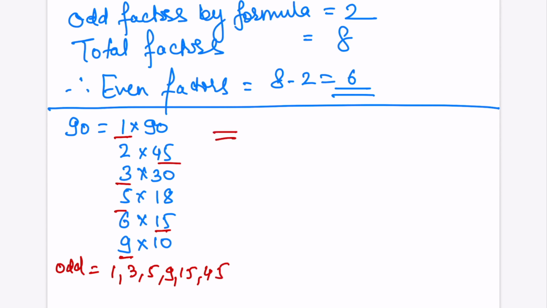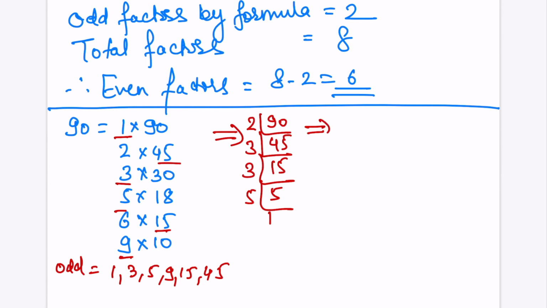So by formula we will express it in the form of primes. So 90 in the form of primes: 45, 3, 15, 3, 5, 5, 1. So first of all express in the form of primes. Yes, we have seen there are two odd primes.